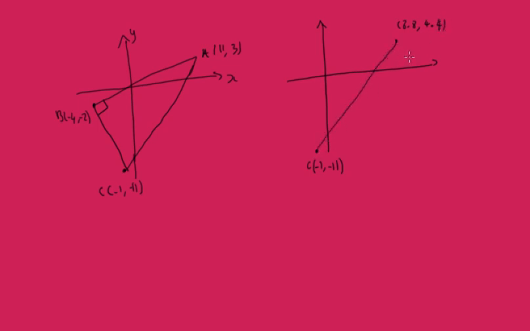And then A over here, 11, 3. So that's our right angle. So that is A, B, and C. So I hope that helps.